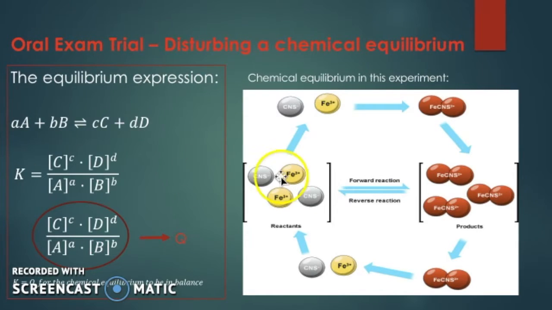And the reactants react to form the product on the right side, the complex iron-free thiocyanate, and at the same time the product reacts to form the two reactants, iron-free ions and thiocyanate ions. And this happens at the same time. So it shows that the rate of reaction of the forward reaction and the reverse reaction is the same.